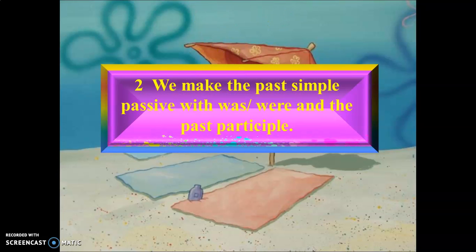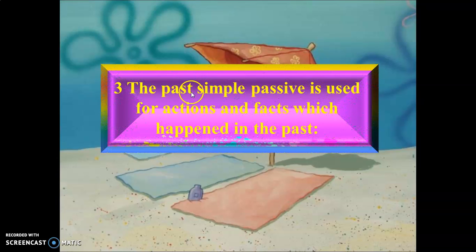We make the past simple passive with was and were. بدل is are نضع was. Okay. We make the past simple passive with was or were and the past participle. The past simple passive is used for actions and facts which happened in the past.